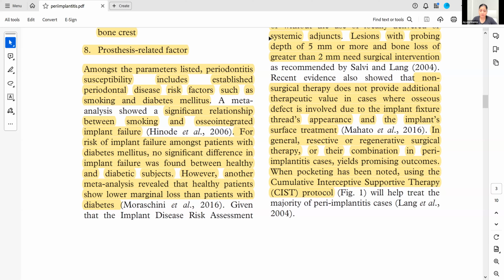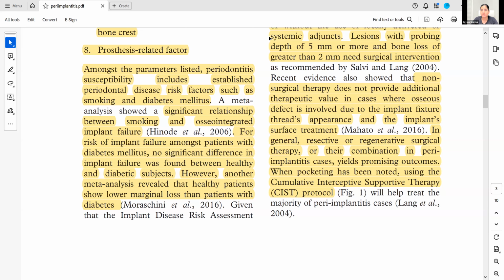Similarly for peri-implantitis, resective surgeries would mean remove what's diseased and preserve what's healthy, and preserve the implant in its as-is position, but arrest the progression of the disease, like you would do for periodontitis situations as well.